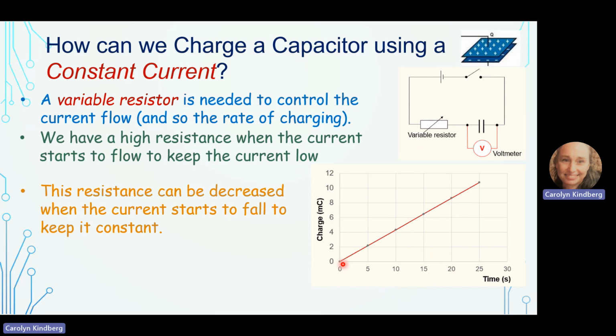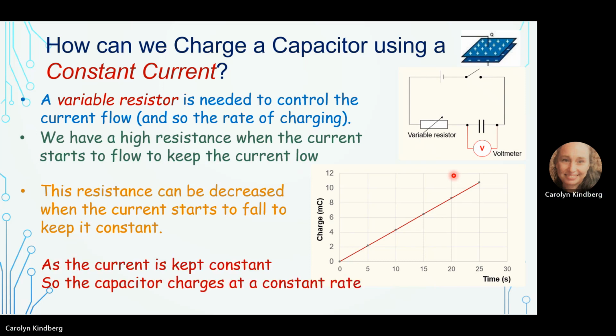So the current is not very high to start with and then decreasing slowly to 0. The current is constant throughout as the charge builds up. The current doesn't decrease at all, and the charge accumulates at the same rate. So with the current kept constant, the capacitor charges at a constant rate.